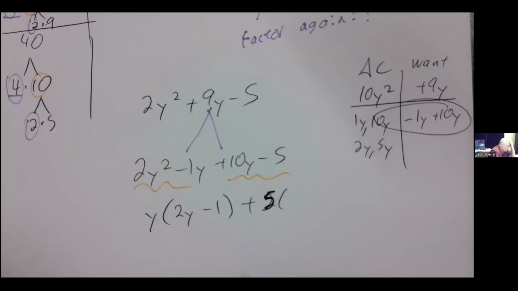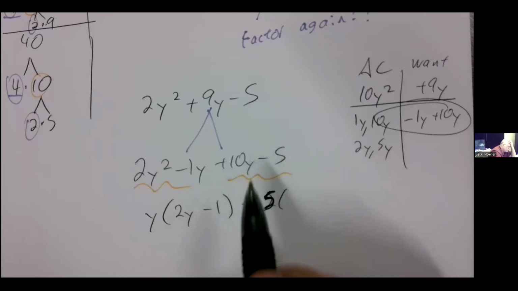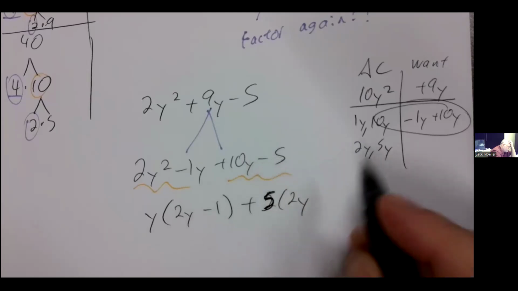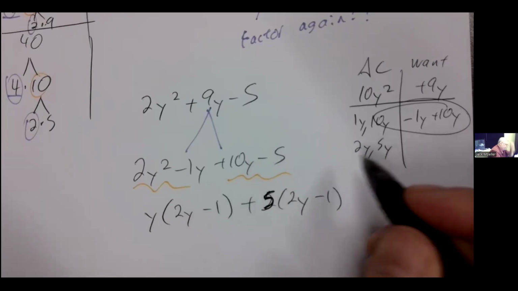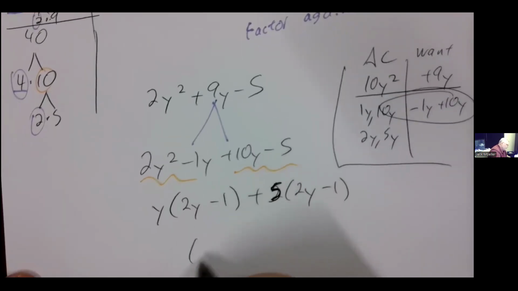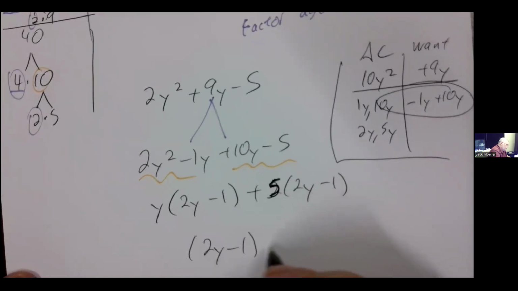And the reason I knew it was wrong is because over here, if I would have divided that by 2, I would not have got 1. And these are supposed to be the same. So 10y divided by 5 is 2y. Negative 5 divided by positive 5 is minus 1. Those are the same. So now that factors to 2y minus 1 times y plus 5.